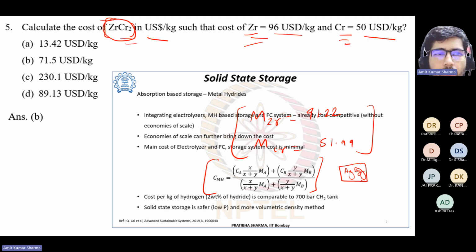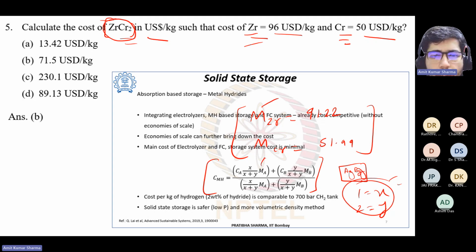So for zirconium, x is 1 and for chromium, y is 2. Here MA is the molecular weight of zirconium, MB the molecular weight of chromium, CA the cost of zirconium, and CB the cost of chromium, which we have been given. So use this data and try to solve this.